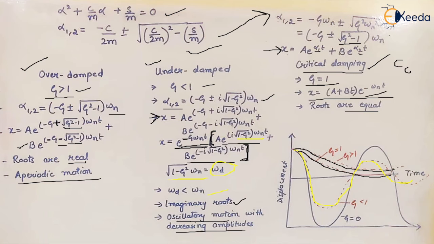You can take the example of a door. If we slam a door, we want it to close, or we want the velocity to reduce to zero or negligible in a very short duration of time. So if we are banging the door, we want that in very negligible time the door should close. If the system is underdamped, what will happen?